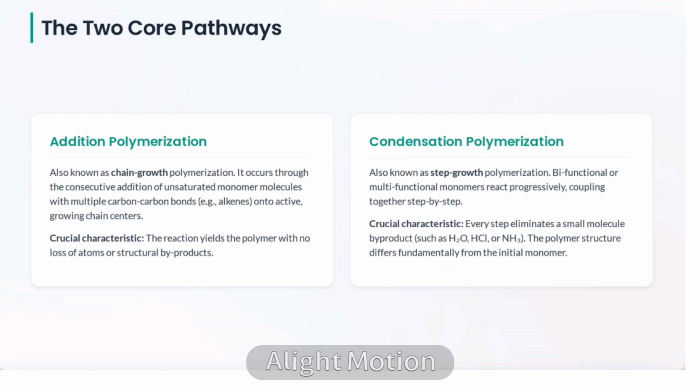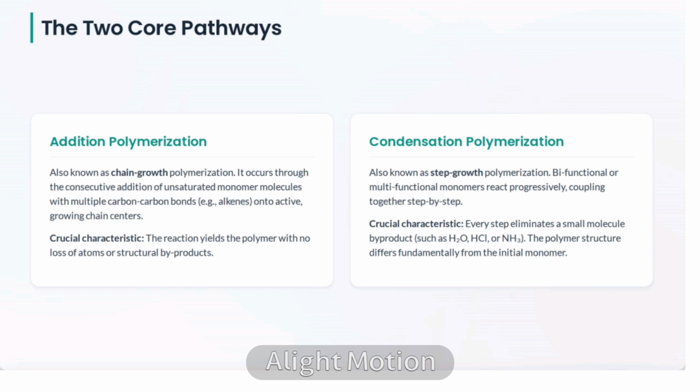The two core pathways. Now that we understand the structure, how do we actually synthesize these materials? There are two primary synthetic pathways in polymerization: addition and condensation. On the left, we have addition polymerization, also commonly referred to as chain growth.